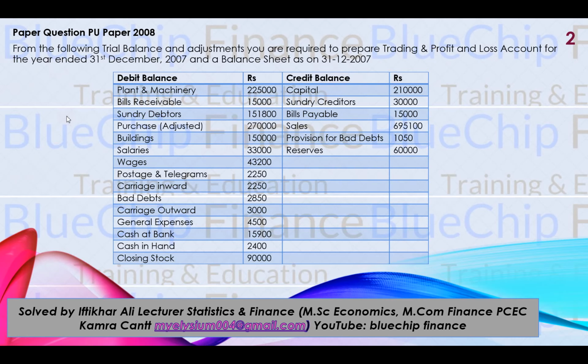In trading account debit side, we place all direct expenditures, and on the credit side we place all direct revenues such as sales. So in trading account we normally start the question from the opening stock if it is given in the question, and then we include the purchases.